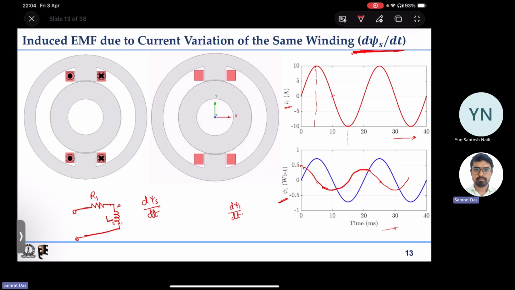So this coil's electrical circuit model is nothing but R and L in series.